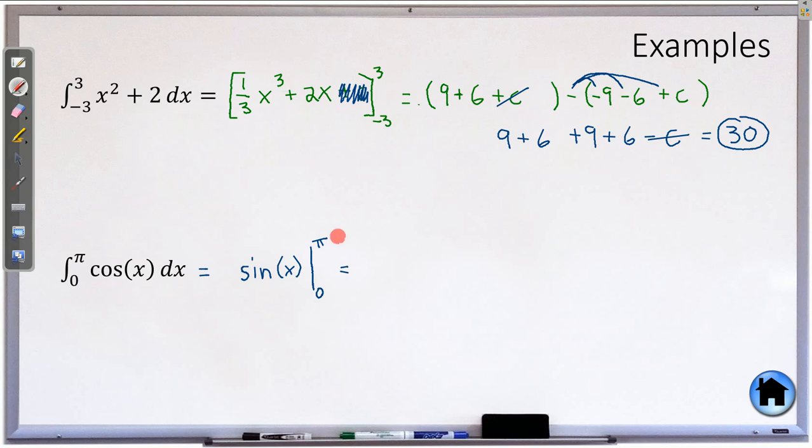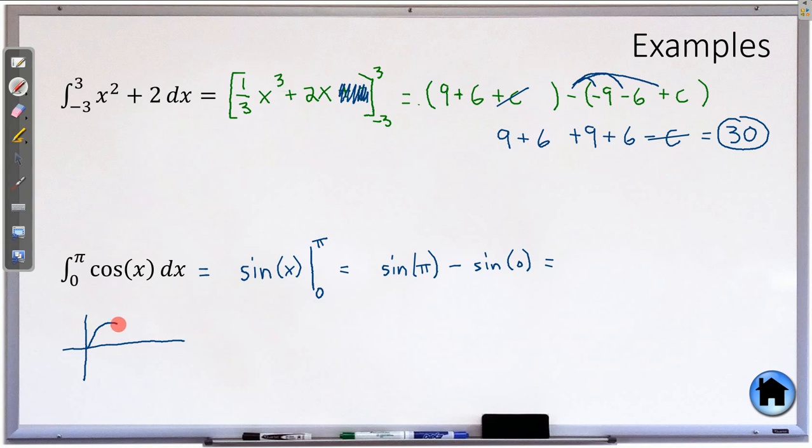So we're going to plug in pi, so we'll have sine of pi, not to be confused with the life of pi, minus sine of 0. Well, sine of pi, think about sine.